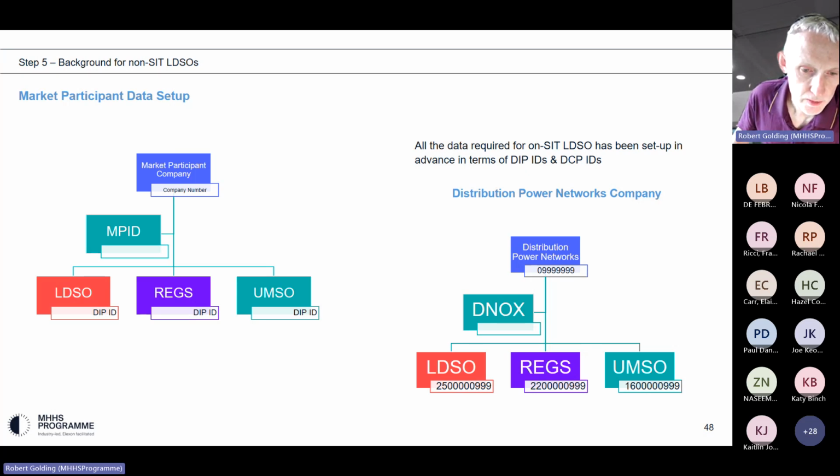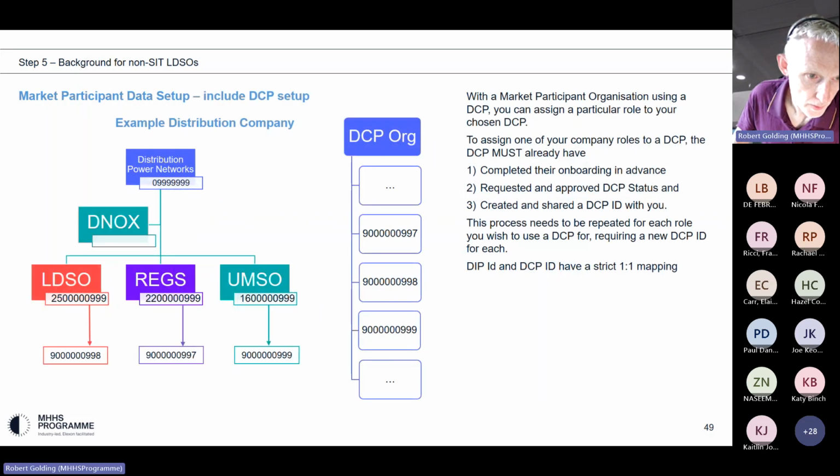And those DIP IDs don't change once they've been allocated. They belong to that company forever. The link between company and DCP organisations: a DCP org, when it onboards to the DIP, onboards under a slightly different guise. It's not too different, but they still have to go through the same onboarding steps with Global Sign to do the company vetting.